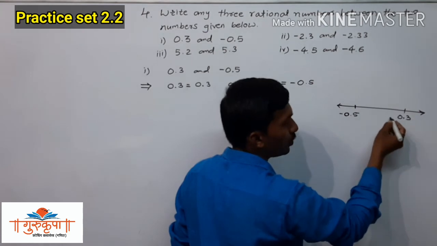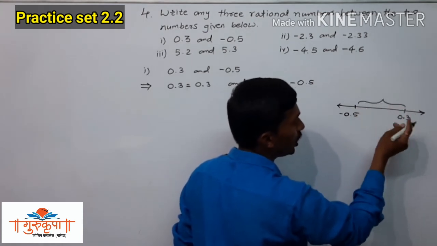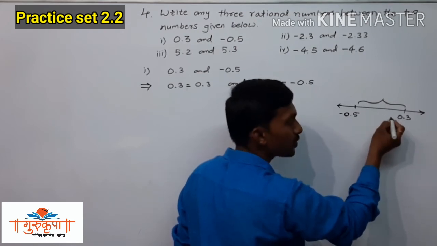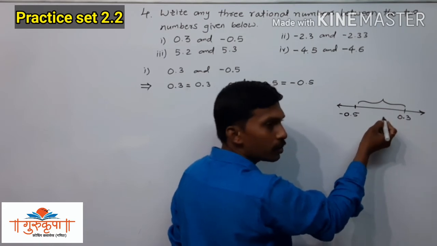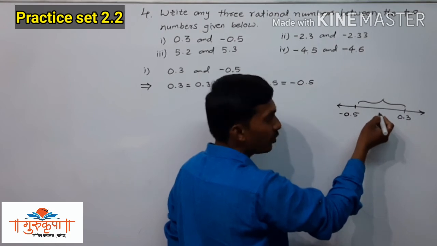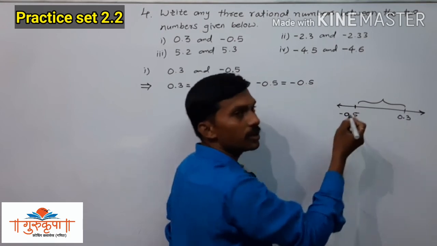Now the numbers between these two, we can easily write all of them. Before 0.3, 0.2 is there. Before 0.2, 0.1 is there. Before 0.1, 0 is there. Before 0, which numbers should be there?